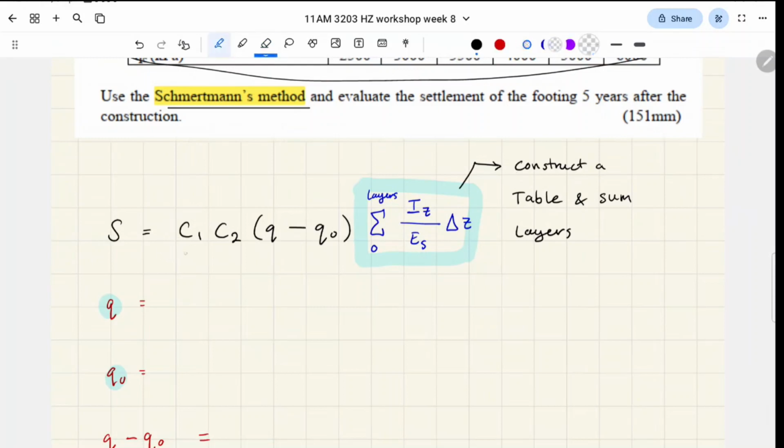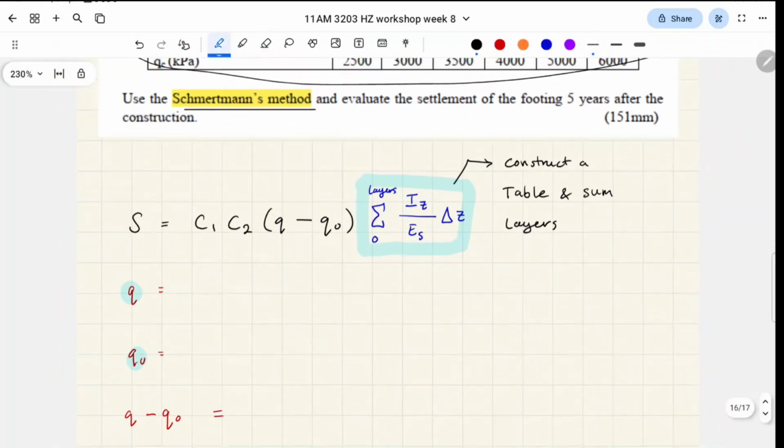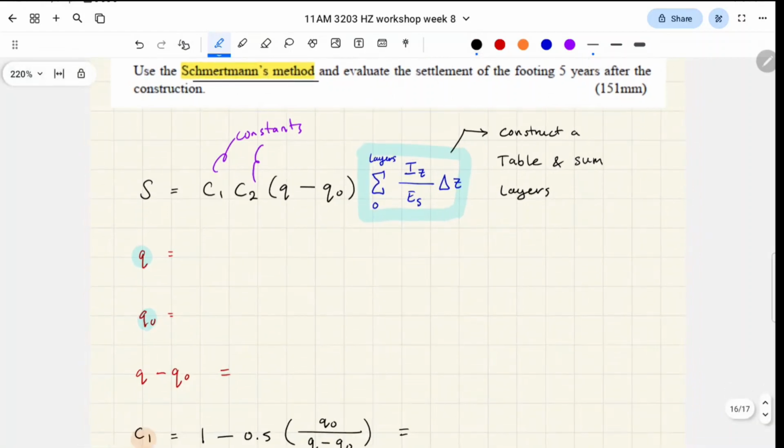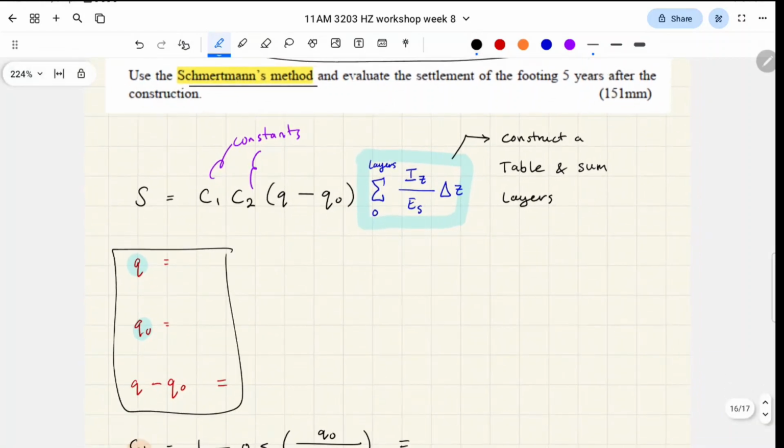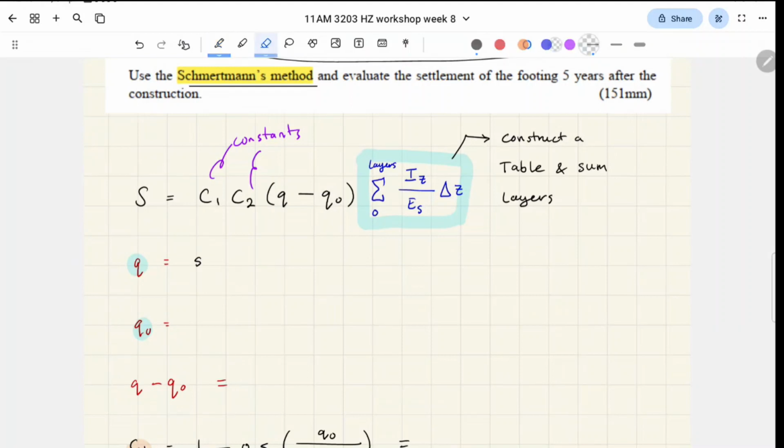What we're going to do first is calculate, so these are 2 constants, right? This is footing pressure. This is soil surcharge. So we're going to calculate the footing pressure and the soil surcharge, okay?